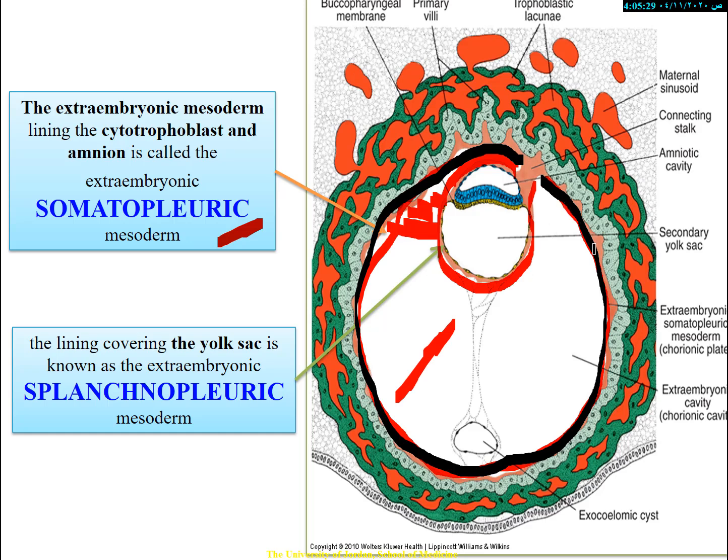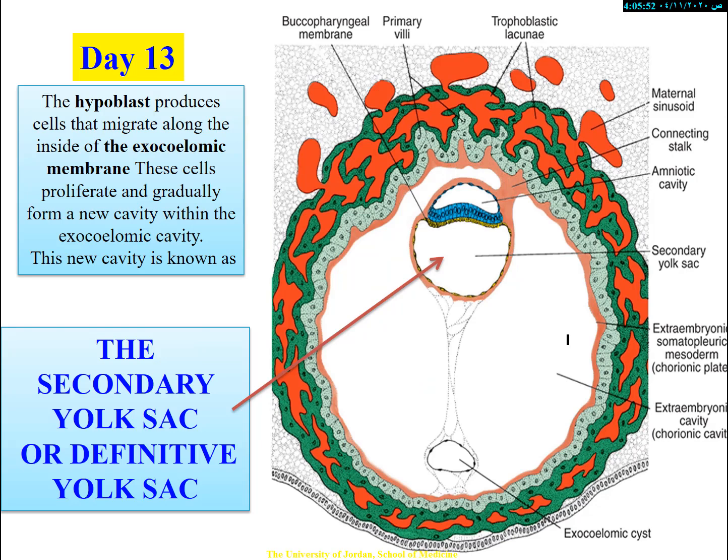The one that lines the cytotrophoblast, we call it somatopleure, and the one that covers the embryo itself here is this splanchnopleuric mesoderm. But we already have a new cavity. What would you call this cavity? This is very important. This is the chorionic cavity.